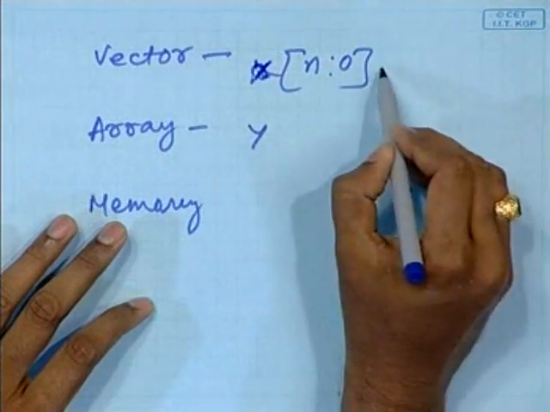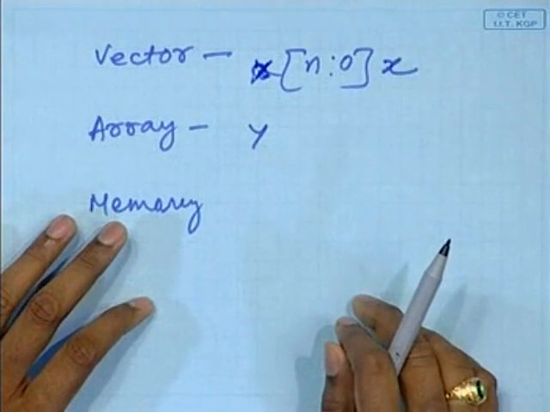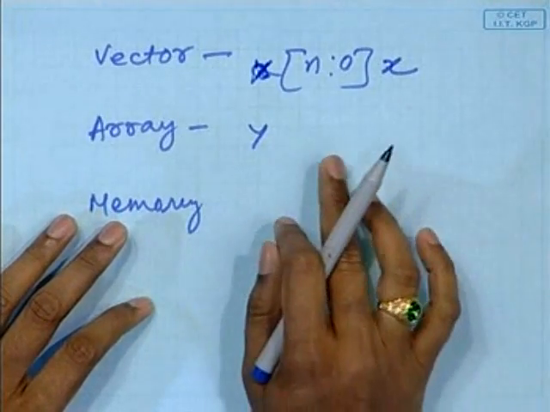Array is a multiple elements. Suppose I am having the array y, and y contains, say, 24 elements. So how do I declare? The vector range defines the right side of x, not the left side.